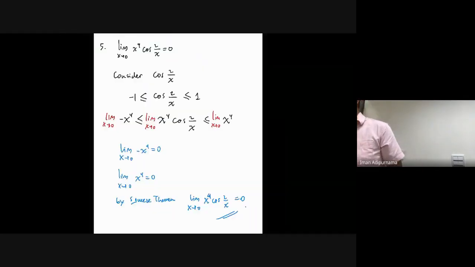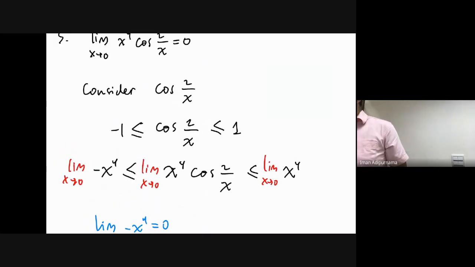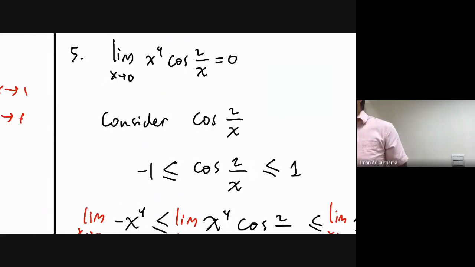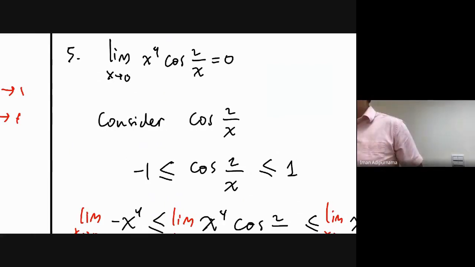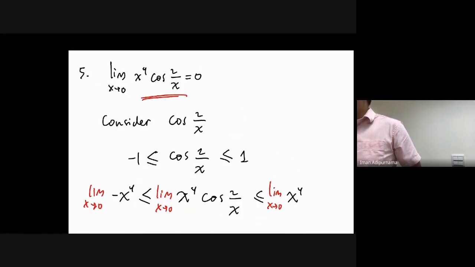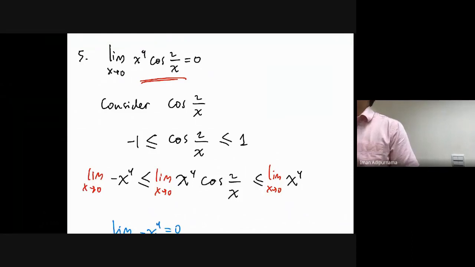Next one. This one is, I think, faster. You have x to the fourth times cosine of 2 over x. First, to define your maximum and minimum, you get those from cosine: minimum is minus 1, maximum is 1.